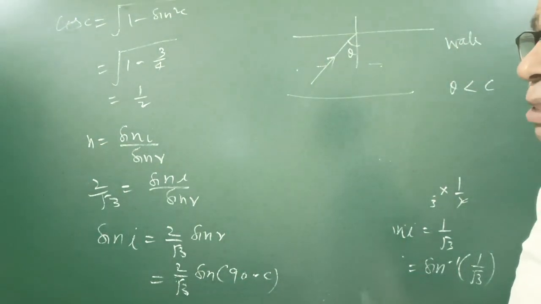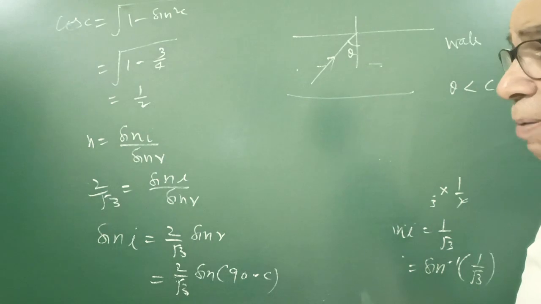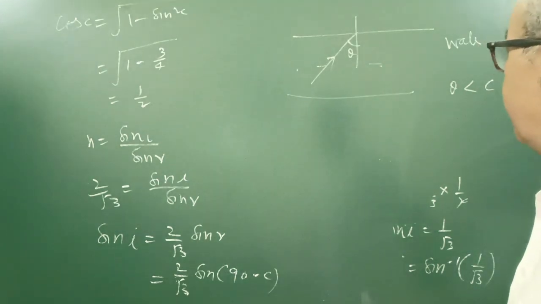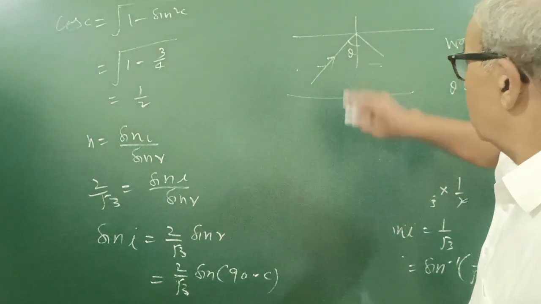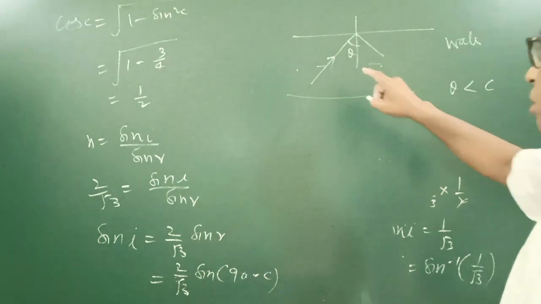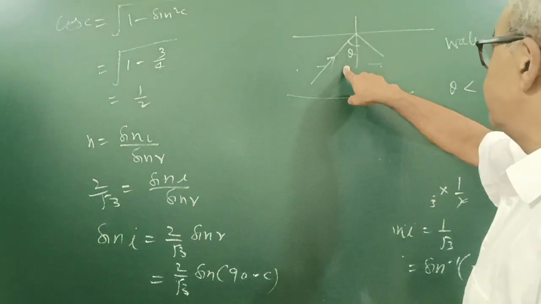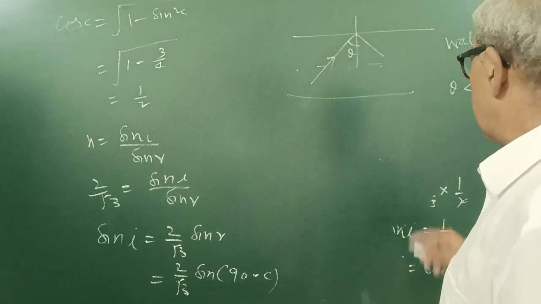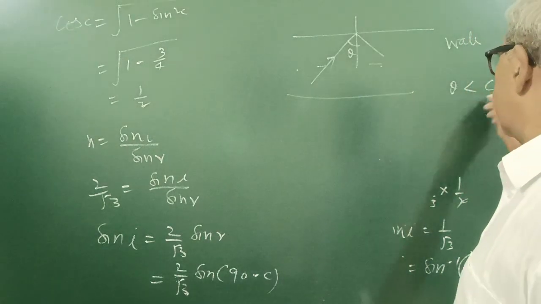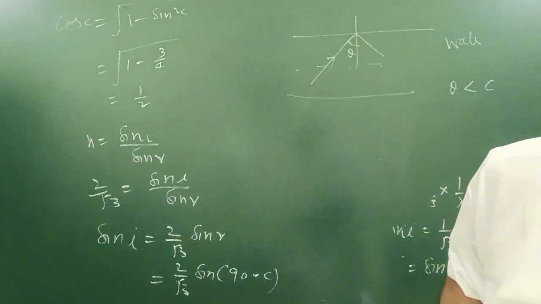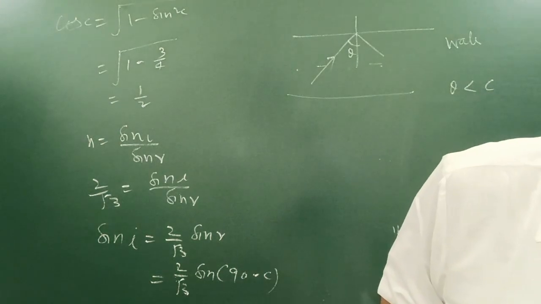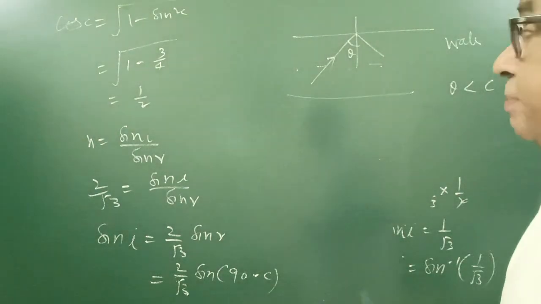This is not true, because total internal reflection takes place only when theta is greater than c. So this is wrong.